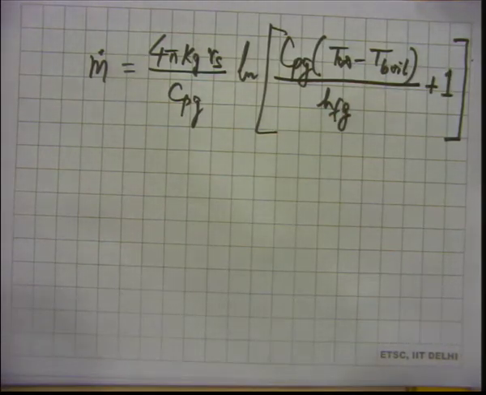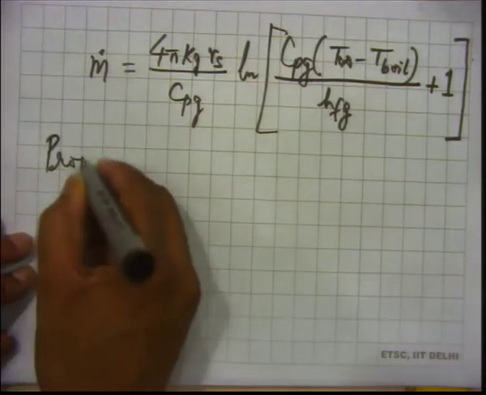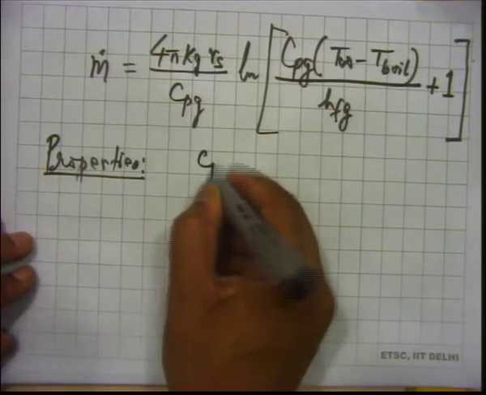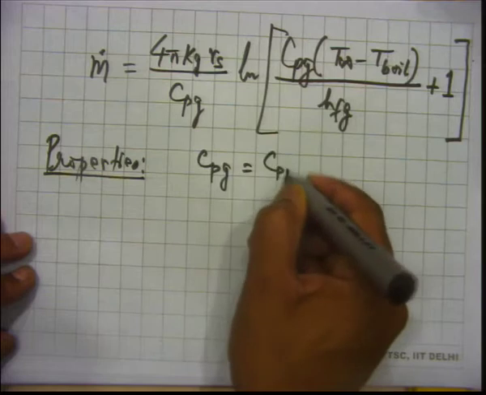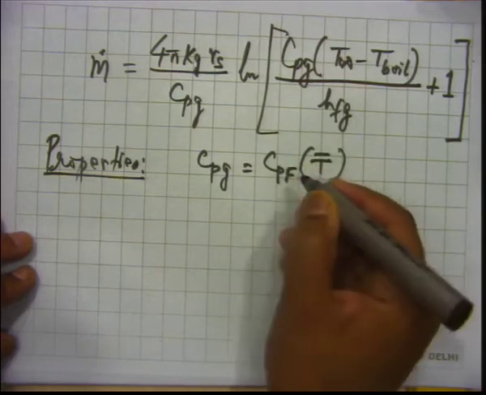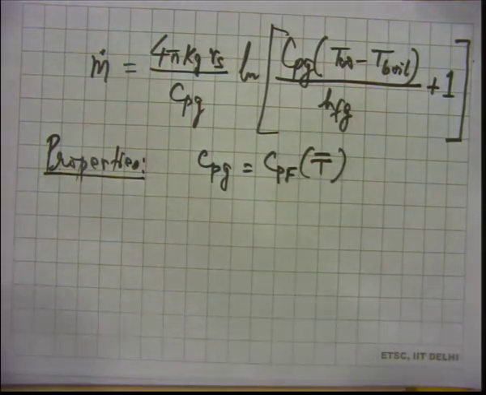And to tell you a little bit more about the properties, we have cpg, which we will evaluate as the Cp of the fuel, F for fuel, at a temperature T bar. I will tell you what T bar is.